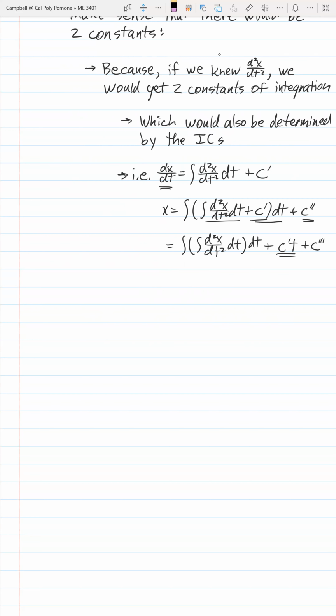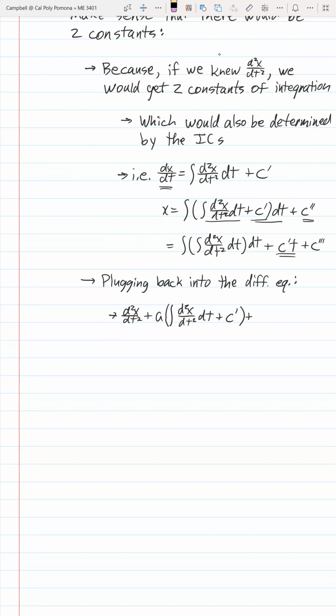So now going ahead and substituting all of this back into the differential equation, so I'll say this as plugging back into the diffEq, differential equation, then we get d squared x dt squared plus, then we have our a times our integral d squared x dt squared dt, and here let's just go ahead and put this in parentheses so that I can add in my c prime, plus then b times, let's put that down on a lower line actually.